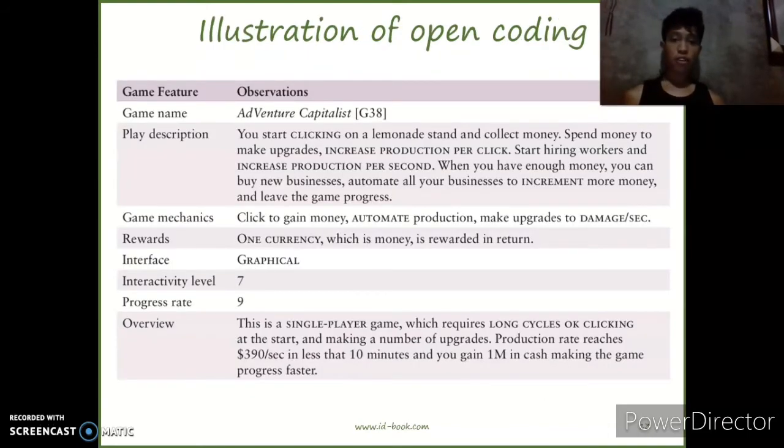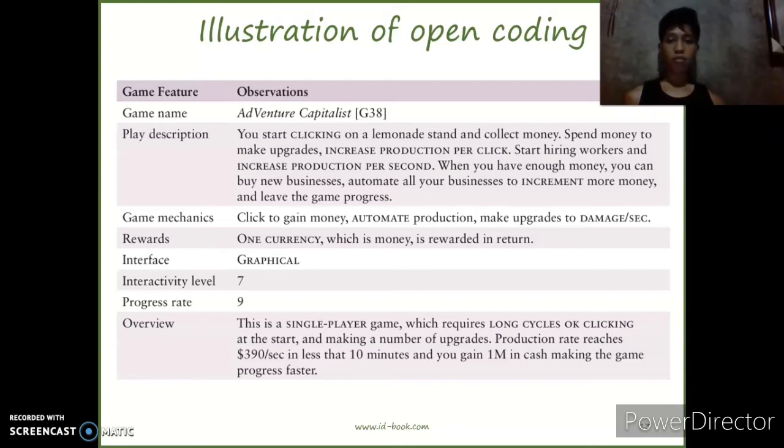Illustration of open coding. The game features: game name, play description, game mechanics, rewards, interface, interactivity level, and progress rate in overview. The observation: the game name is Adventure Capitalist. Play description: you start by clicking on a lemonade stand and collecting money.